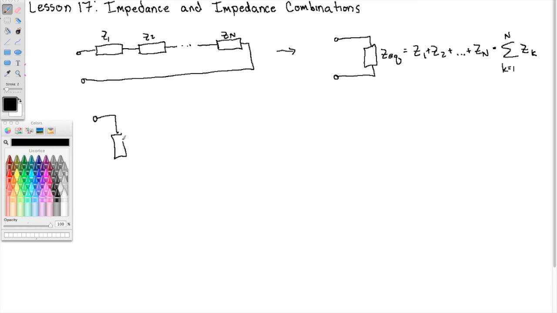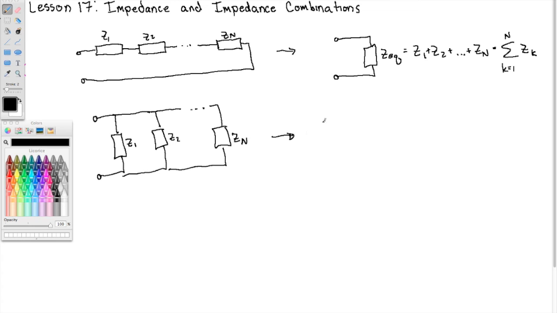Also, here's Z1, here's Z2, all the way to Zn. Parallel impedances can also combine, and they combine in the same way that parallel resistors combine.